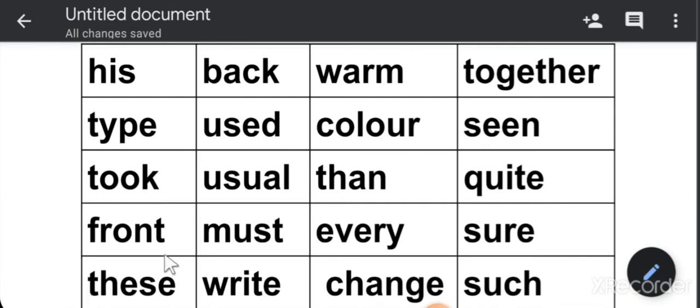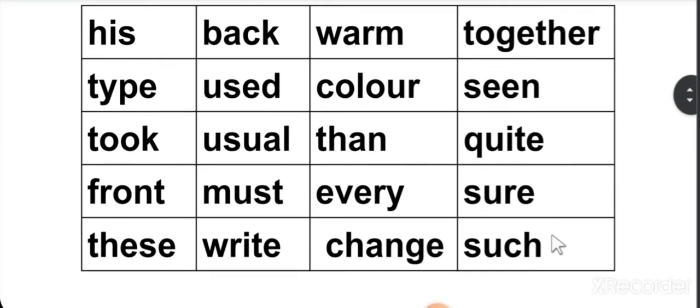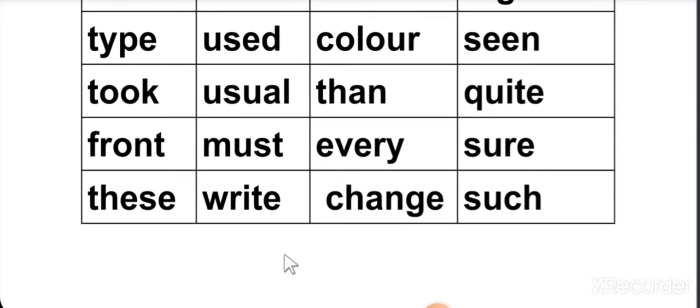FRONT, front. MUST, must. EVERY, every. SURE, sure. THESE, these.